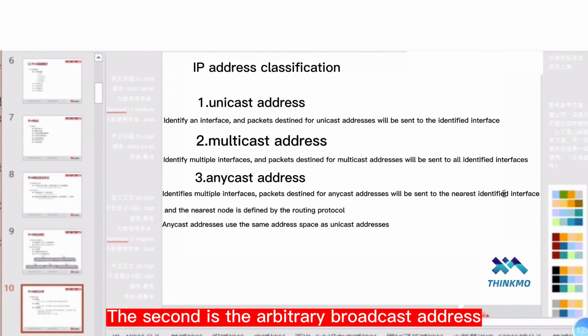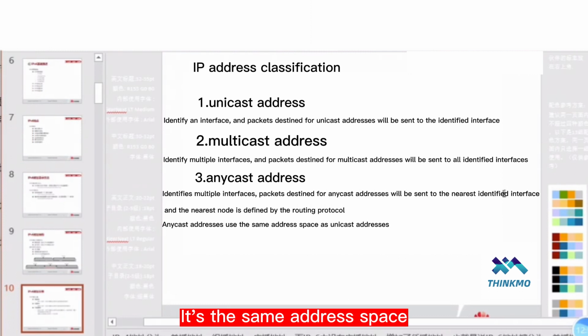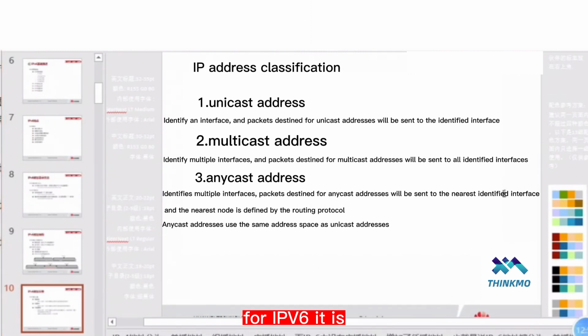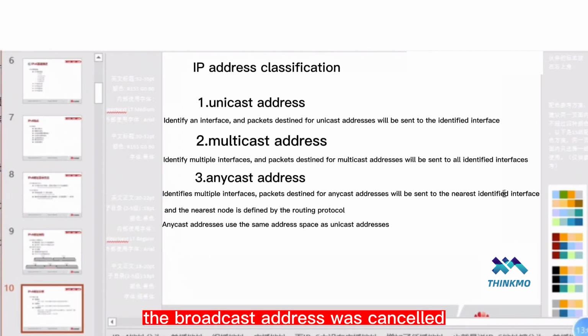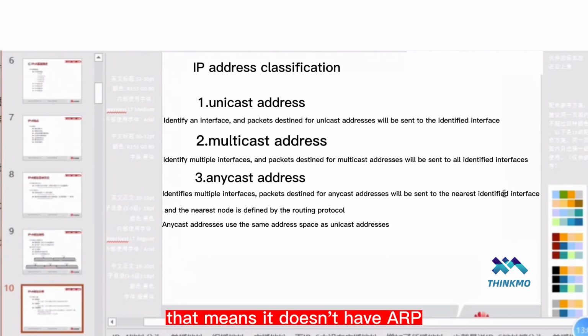The second is the anycast address. It uses the same address space as the unicast address. So we can see that for IPv6, the broadcast address was cancelled. We talked about this in the last video. That means it doesn't have ARP.